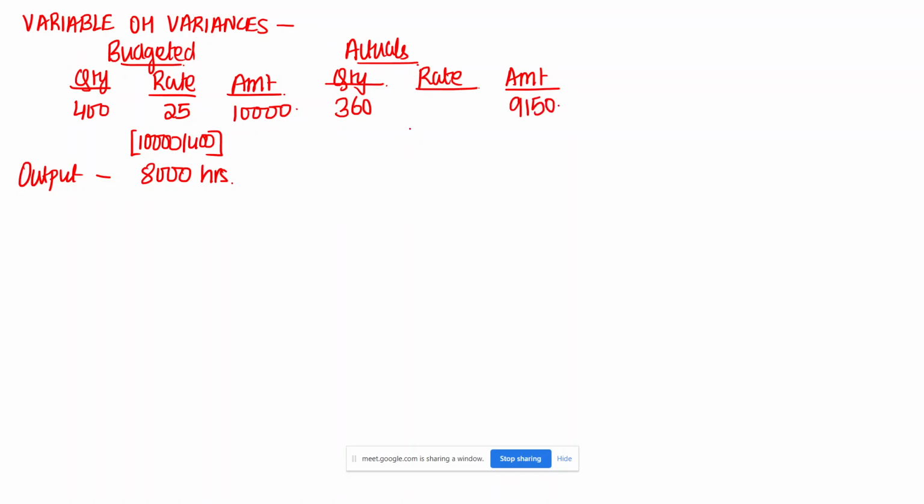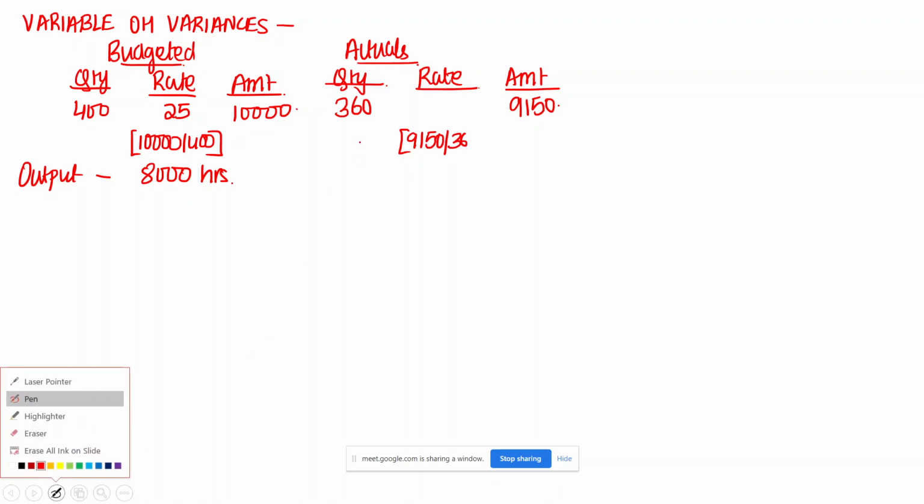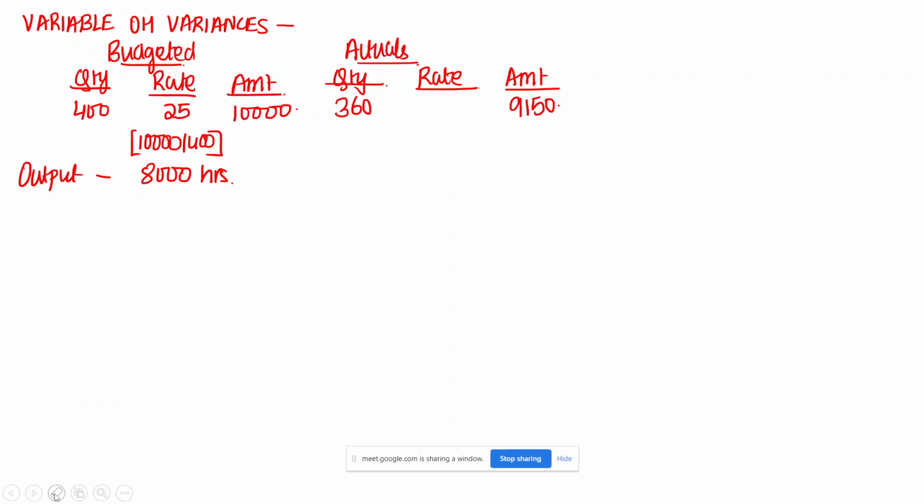So what is the rate? Rate is 9150 divided by 360. If it is so complicated, let's keep it like that only. And this is for 7,000 hours.